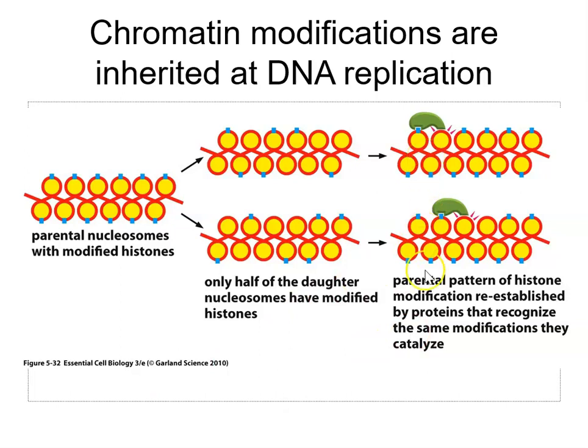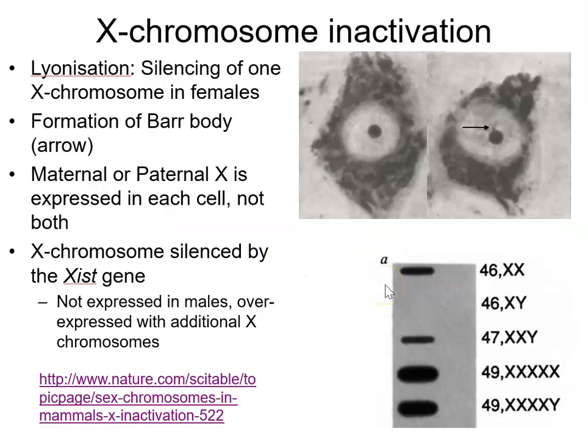However, even though it is inherited, these patterns are reversible under cellular differentiation. So if a cell turns into a different type of cell, then these histone tags can be stripped off and changed to change the behavior of that cell. Now, it's really clear how this happens in X chromosome inactivation.